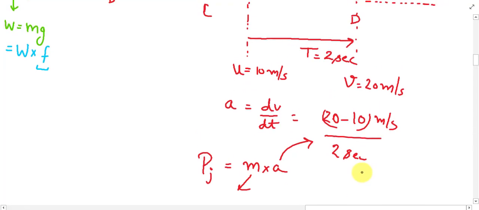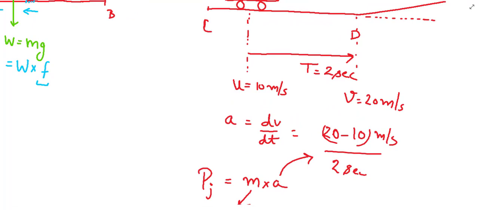In case of deceleration, suppose the initial velocity is 20 and the final velocity is 10 meter per second. In this case, the acceleration will be 10 minus 20.